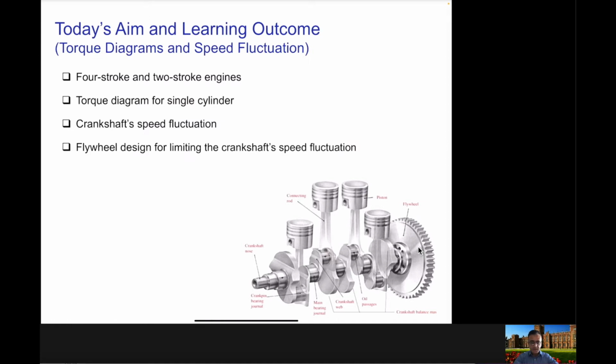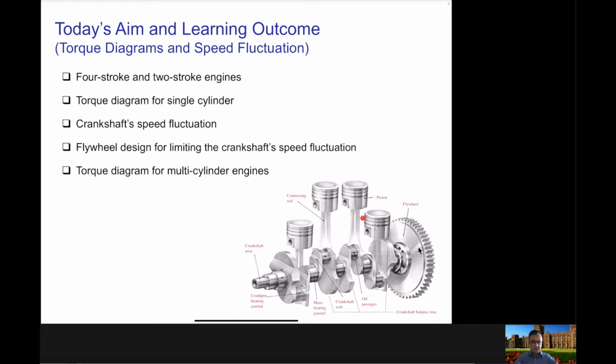And then another important concept is the design of the flywheel. As you can see in this figure here, this is the flywheel. We will discuss the design of the flywheel so that we limit the speed fluctuation in the crankshaft. And then we will discuss the torque diagram for a multiple cylinder engine. As you can see in this case here, this is cylinder 1, cylinder 2, cylinder 3, and cylinder 4.